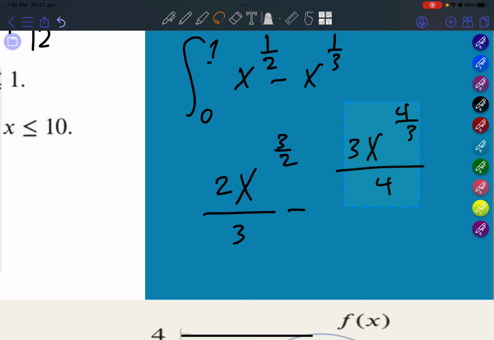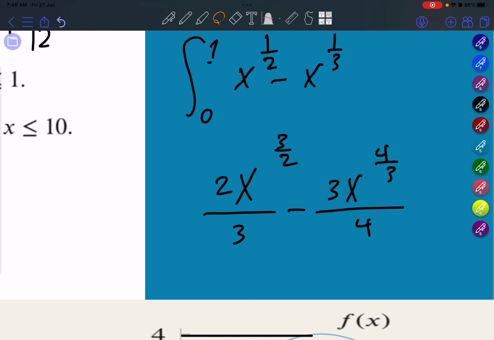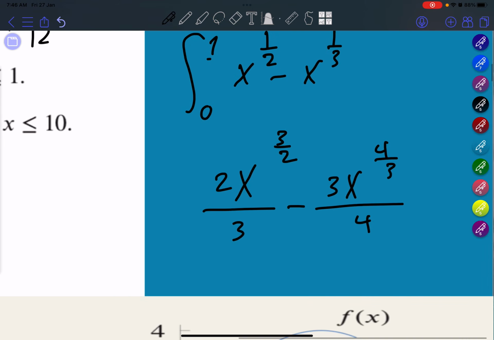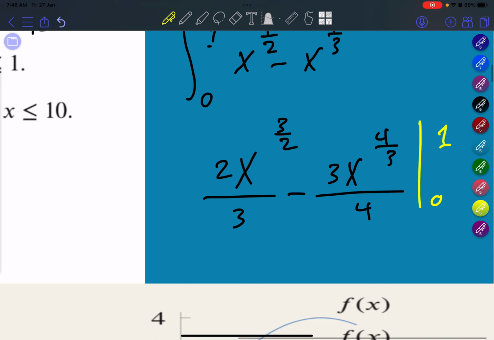So let's write this, and it is in the interval of 0 to 1. Again, if we sub in 0, 2 times 0 will still be 0, 0 power 3 over 2 will still be 0, 0 divided by 3 will still be 0, so we don't need to sub in 0.